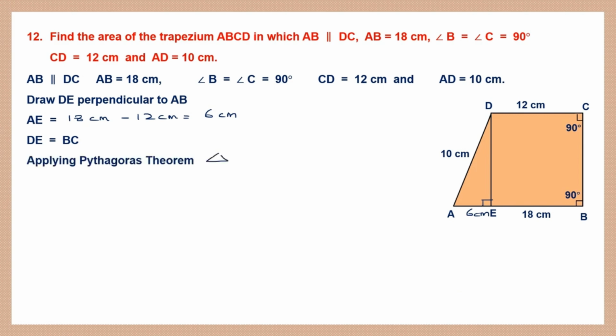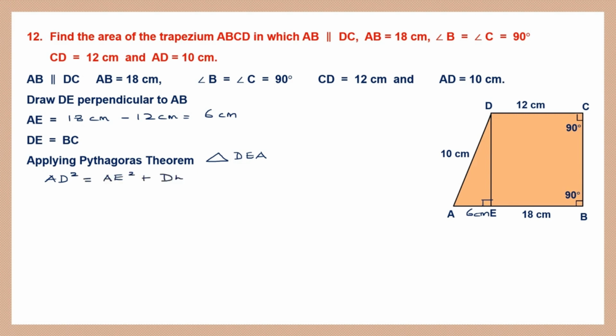We're looking at triangle DEA, or we can look at ADE. Angle DEA is the right angle, so according to the Pythagoras theorem, AD square is equal to AE square plus DE square.